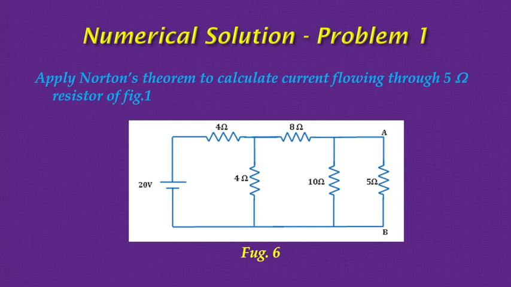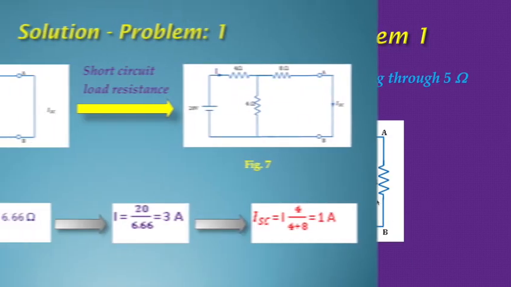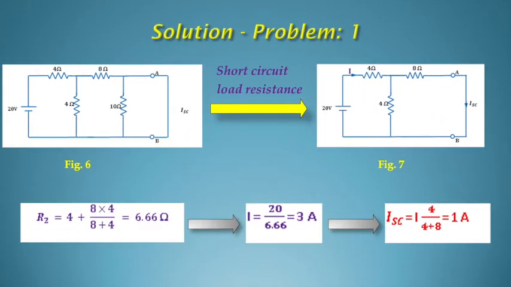Numerical problem. Apply Norton's theorem to calculate the current flowing through the 5 ohm resistance in the figure. Here the 5 ohm resistor is considered to be the load resistance.